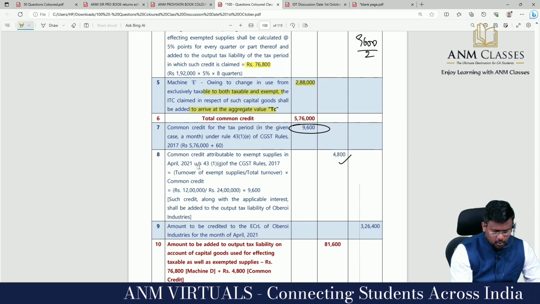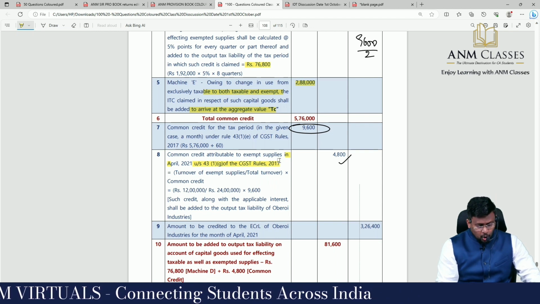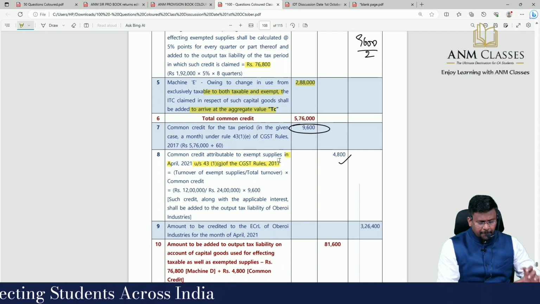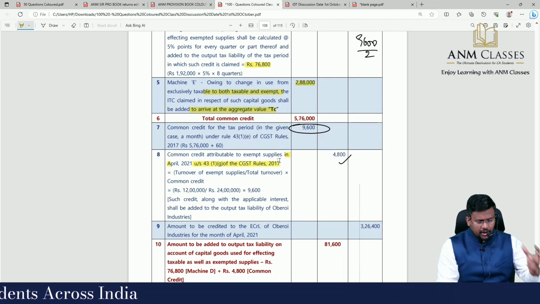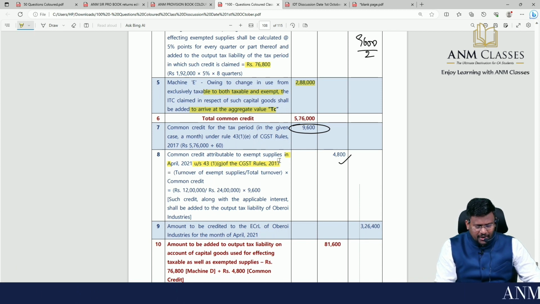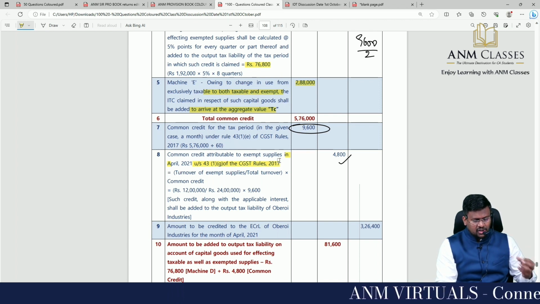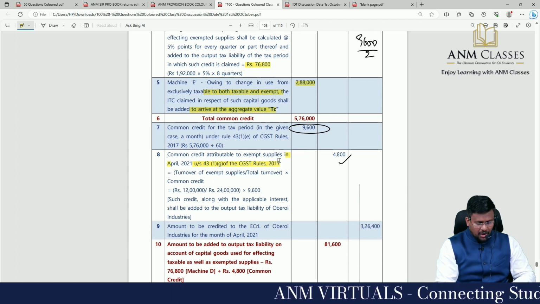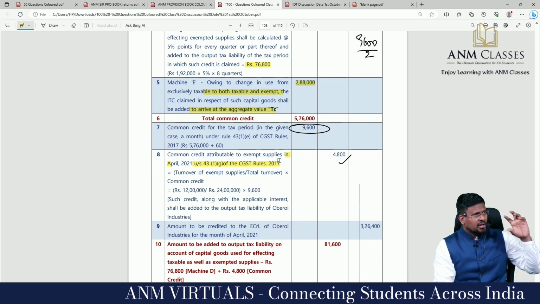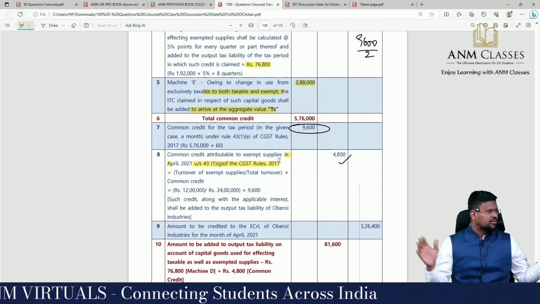In April 2023, we are in 2023, right, under rule 43 sub-rule 1 clause G of the CGST rules, turnover of exempt supply divided by total turnover into common credit, that is 9,600 into 12 lakhs divided by 24 lakhs. Such credit along with applicable interest shall be added to the output tax liability of Oberoi Industry, because, sir, of that 9,600, 4,800 cannot be taken.